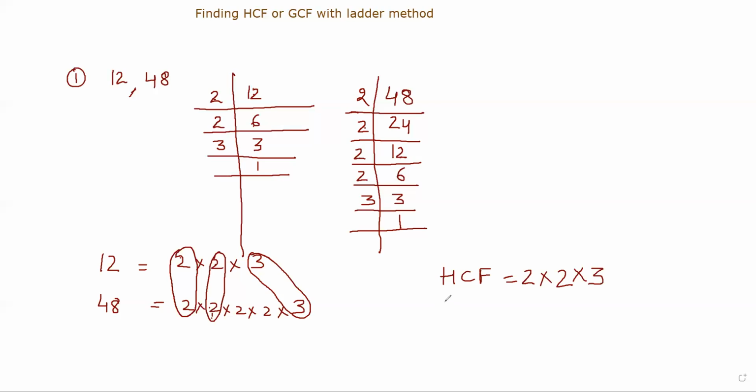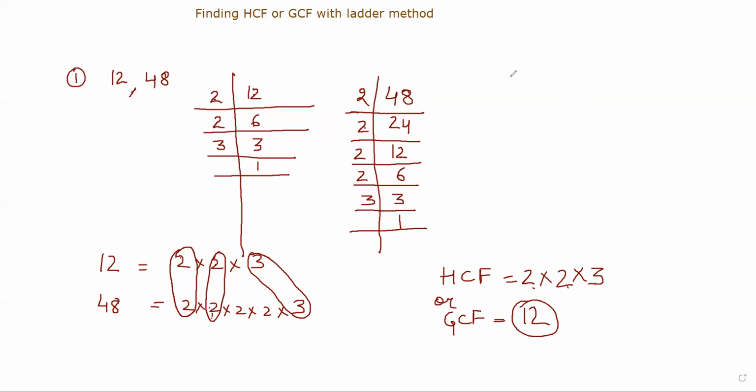So my HCF or GCF would be 2 times 2 times 3, or 3 times 2 times 2. So 3 times 2 is 6. 6 times 2 is 12. So my HCF or GCF is 12.